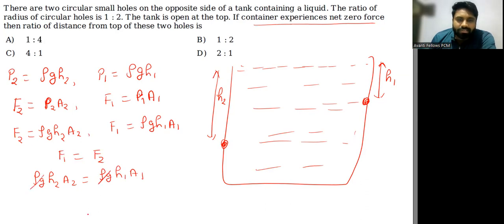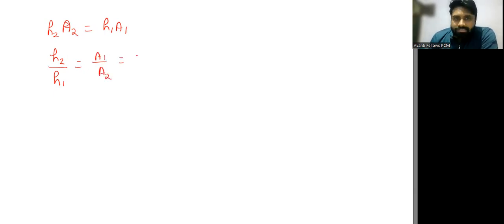Rho g and rho g will cancel out. So h2 A2 is equal to h1 A1. h2 by h1 is equal to A1 by A2. Now, A1 is nothing but pi R1 square.